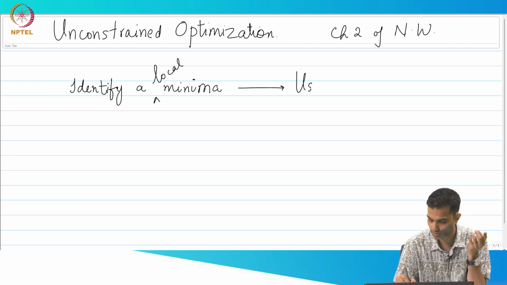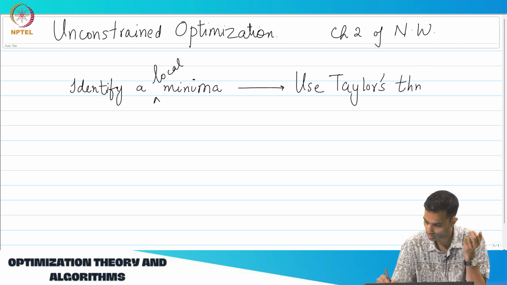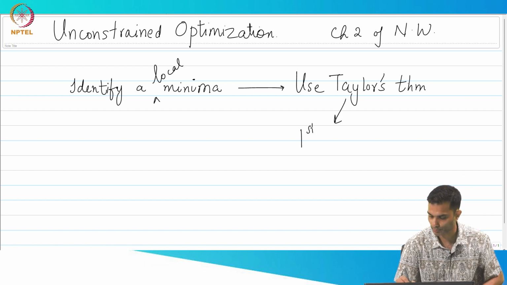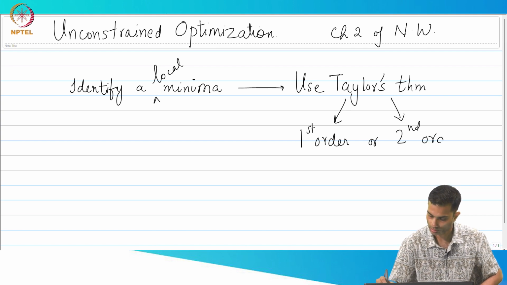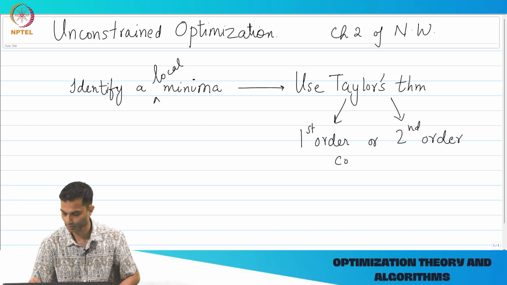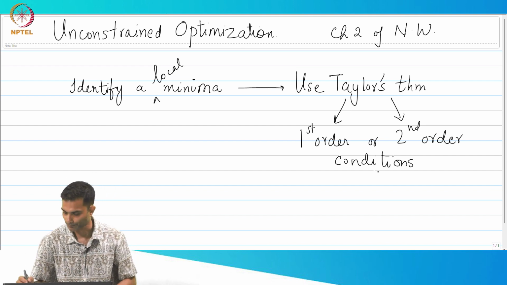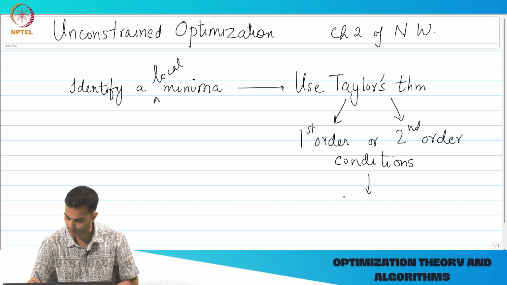Okay, so if we're going to use Taylor's theorem, and depending on how differentiable the function is, I'm going to either be able to use first order or second order, let's call them conditions. Conditions for what? Conditions to identify the local minimum. Okay. From here, we will sort of go to an overview of algorithms.